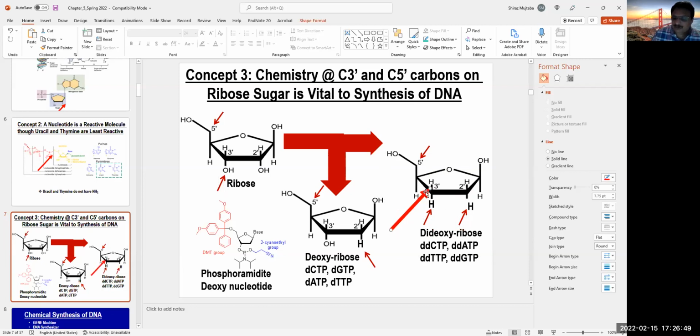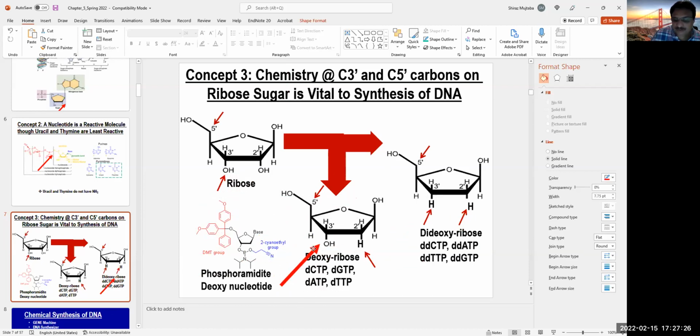Now, why? This may not be available in nature. In nature, only 2 types are available, but this has been chemically synthesized. Why has this been chemically synthesized? Because I mentioned in my first or second lecture that the 3' hydroxyl group of deoxyribose or ribose is sterically very friendly, very approachable for the synthesis of DNA or RNA.